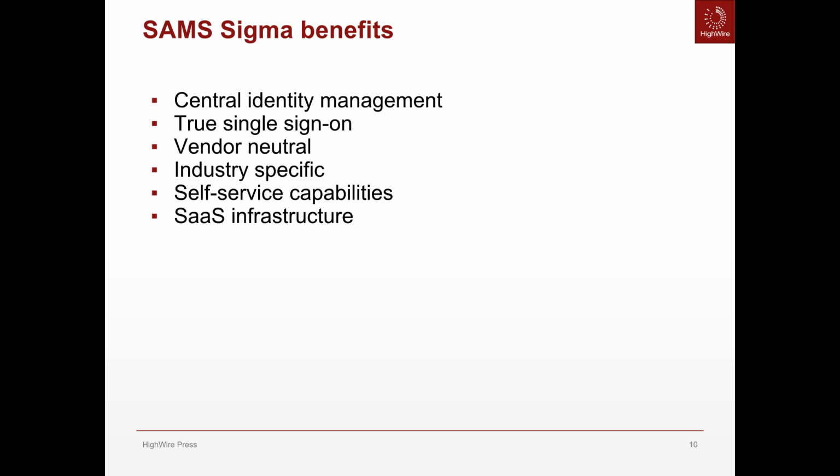As the market matures and publishers understand that they can't hand-hold the customer through every single data change and every step of the process, SAMS Sigma provides a self-service website where users can update their login credentials, view their own usage statistics and view their own entitlements, all through a self-service portal. And we're seeing publishers beginning to appreciate that it reduces the burden on their customer services team.